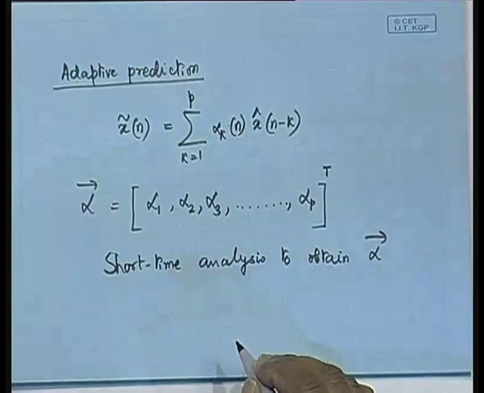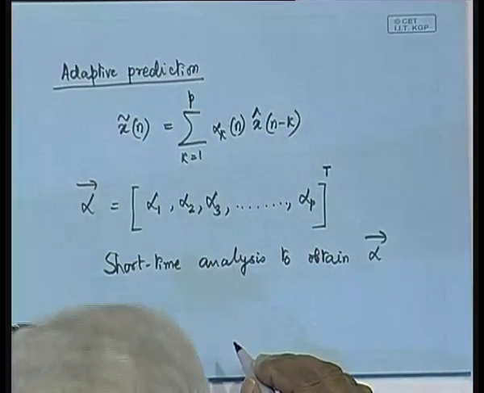See, because the speech waveform is a quasi stationary process, it is not a stationary process. If it were a stationary process, then we would not have done any short time analysis; the long time analysis could have been sufficient.